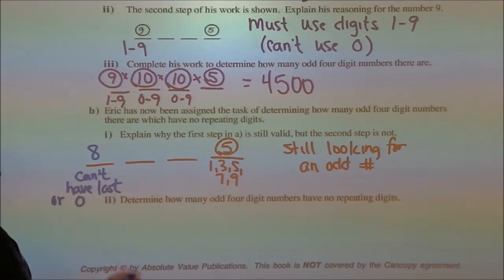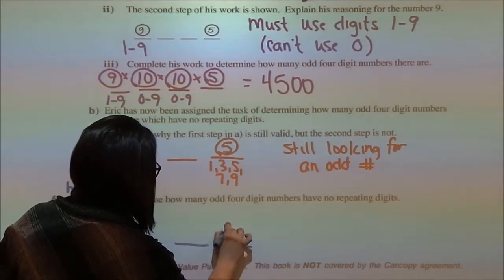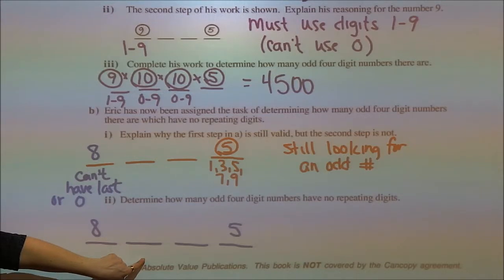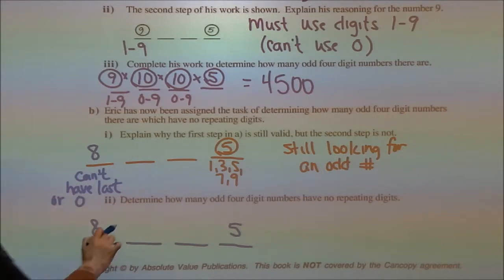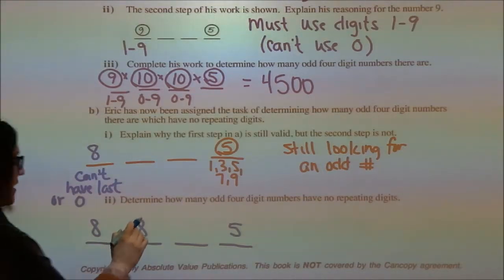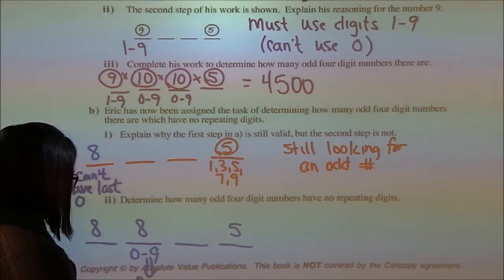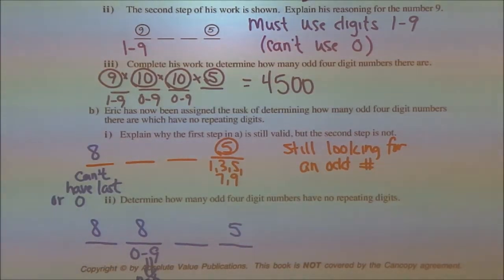So now if we can finish it off, we know that there was 5 here, there was 8 here. How many choices do I have for the second spot? Maybe 8. Why 8? Because you can't have the first, you can't have the last. Right. So I can still use the 0 through 9 digits, but not the first or last, which is what gives me the 8, 10 minus the 2.